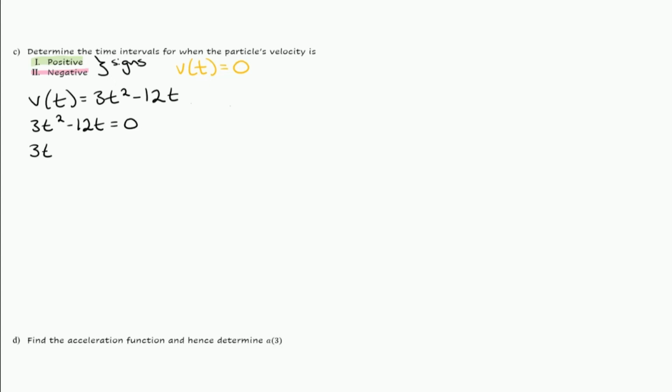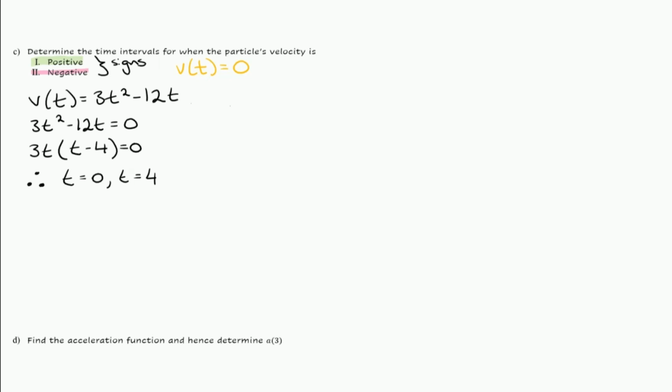So I'll have 3t, and in brackets I will have t take away 4 equal to 0. So therefore, I'm going to have some critical points when my t is equal to 0 and when my t is equal to positive 4.